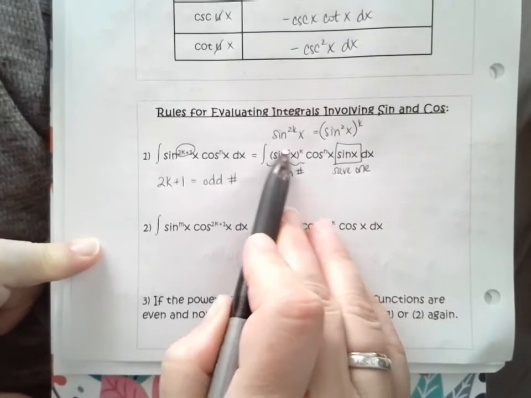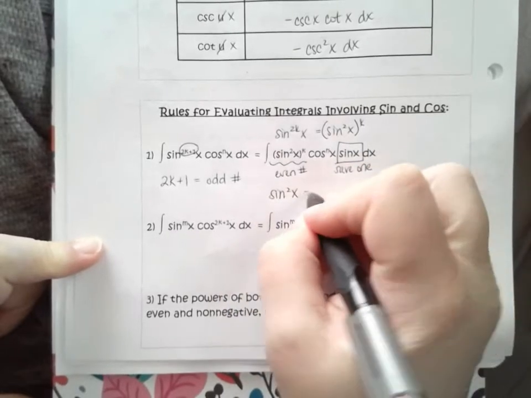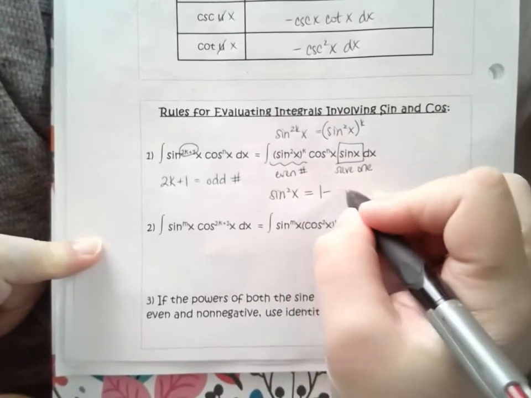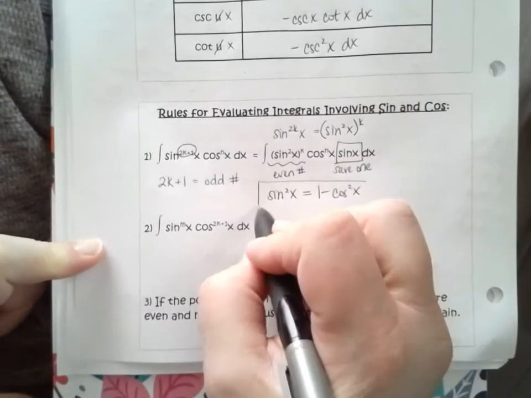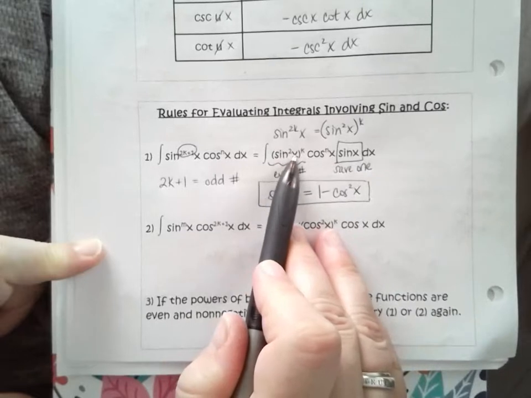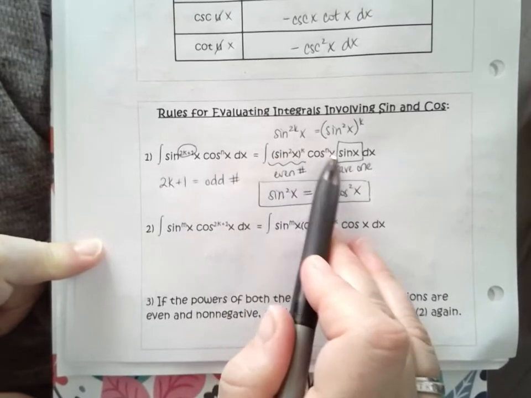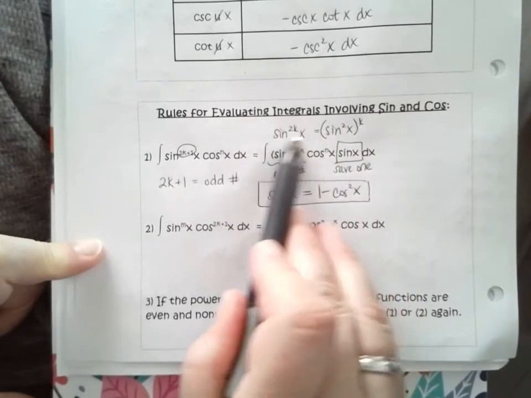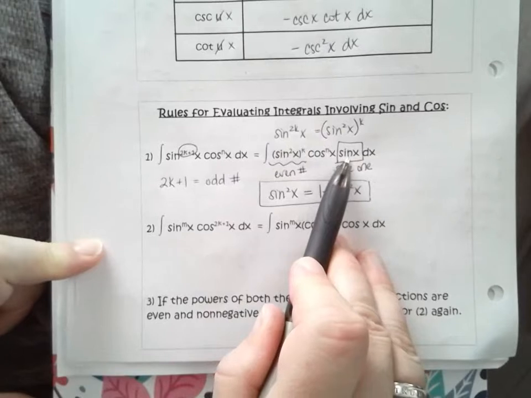Well, you can take sine squared x and replace it with 1 minus cosine squared x. Remember that identity? If I put 1 minus cosine squared x inside the parentheses, raise it to the power, have another cosine to the power, then I only have a product of cosines, and I have the appropriate du that I needed all along.